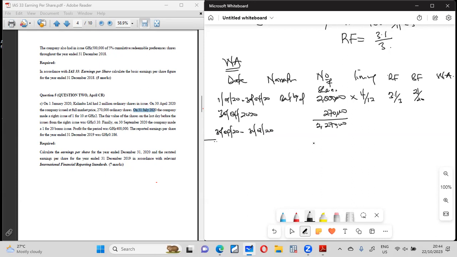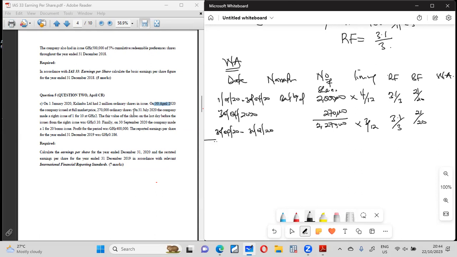Is how many months? 4 months, right? So it's 30th April. So the April will not count. So it is when? May, June, July. So 3 months, right? Yeah. 3 months, and the bonus right fraction will happen because the right issue hasn't happened yet, and the bonus too has not happened yet. So that is how you approach it.